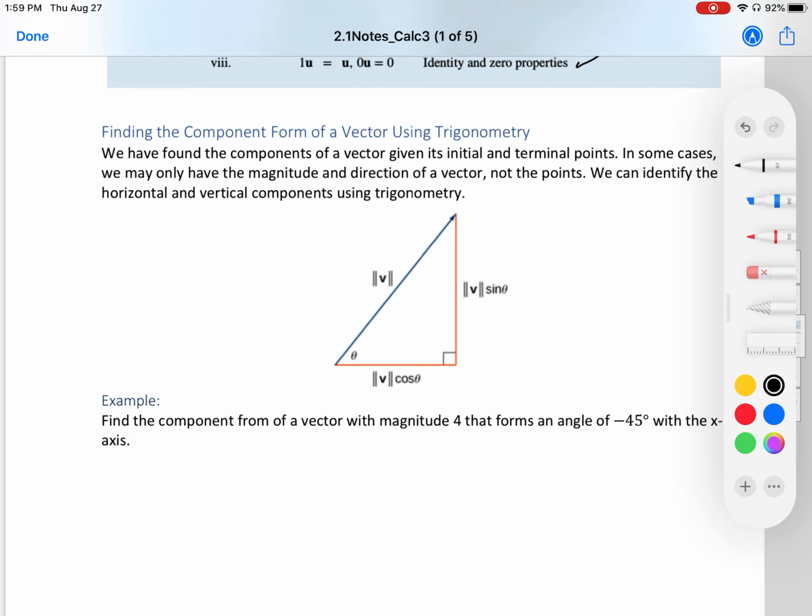So here it shows us that if I have only its magnitude, I can definitely find the other measurements, the x and y coordinates of the vector, using its magnitude and its matching sine and cosine angle.